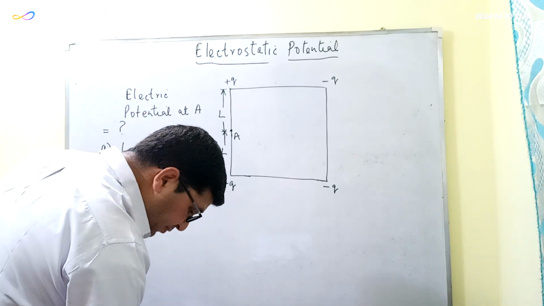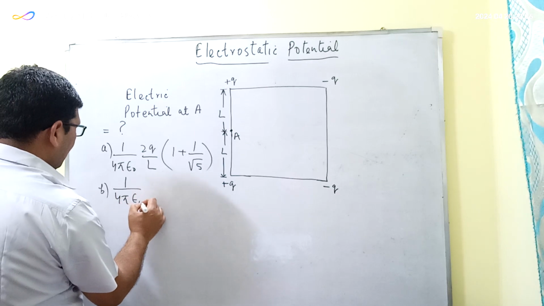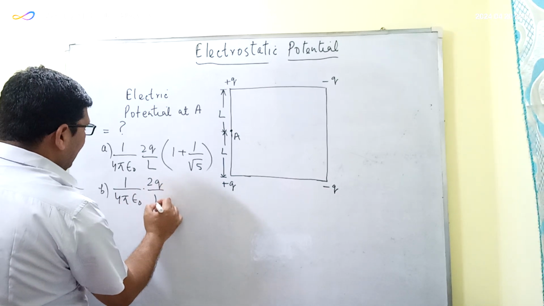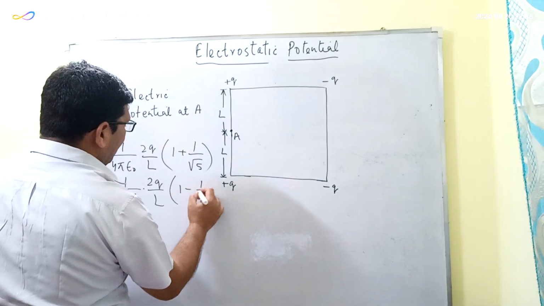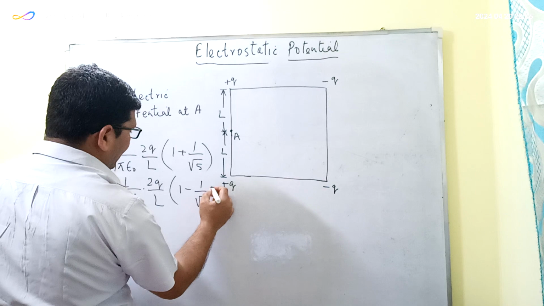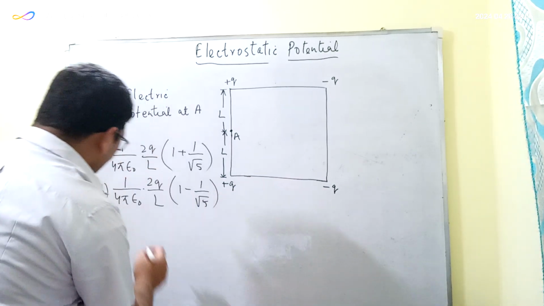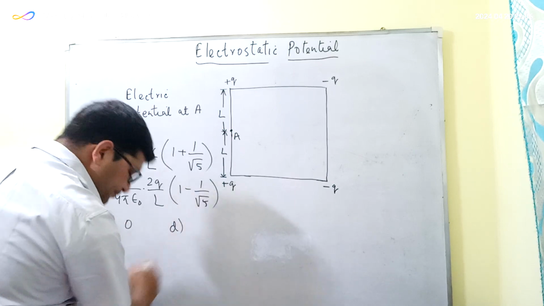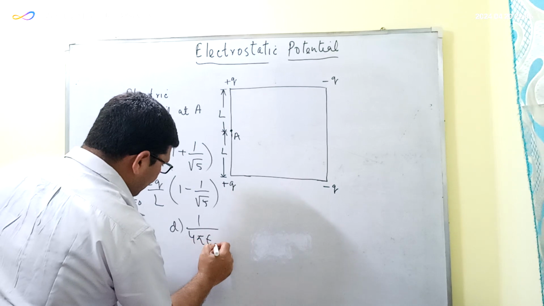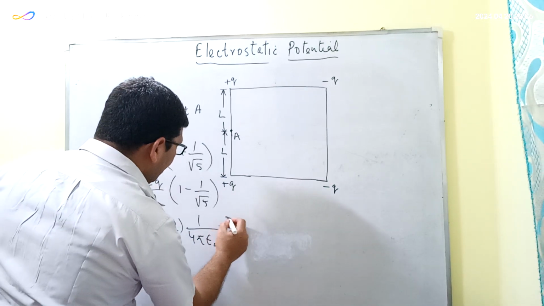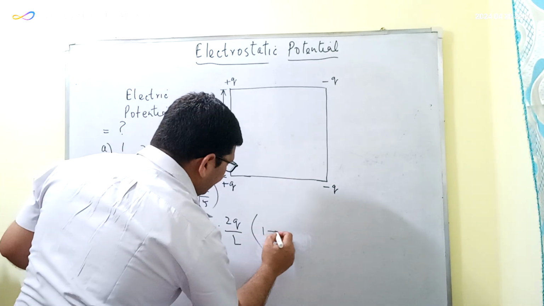And then the second option is 1 by 4 pi epsilon naught, 2q upon L, 1 minus 1 divided by root 5. Third option is 0. Fourth option is 2q upon L in bracket 1 plus root 5.